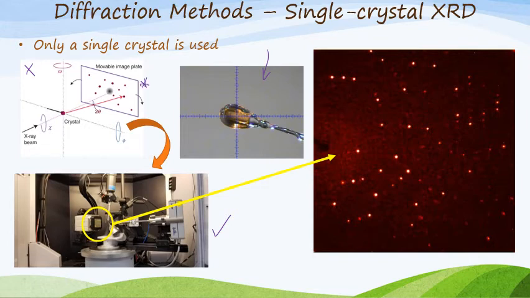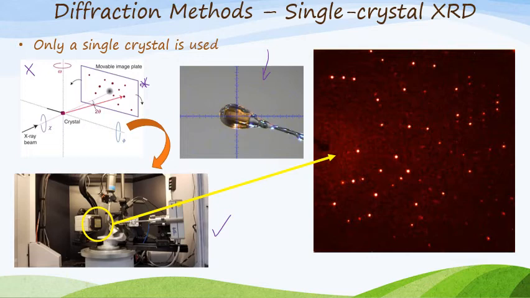The diffracted beams come off onto the detector, and then we get a diffraction pattern that looks like the one that you see on the right. It actually looks like a night sky. You can see bright white dots against a dark reddish background.